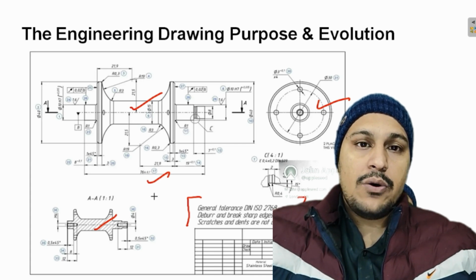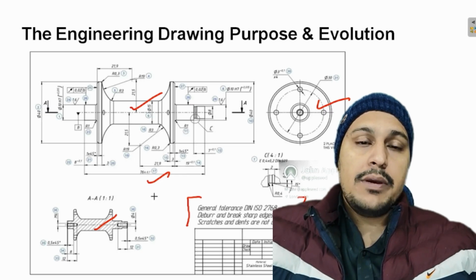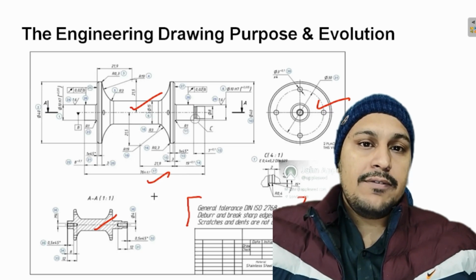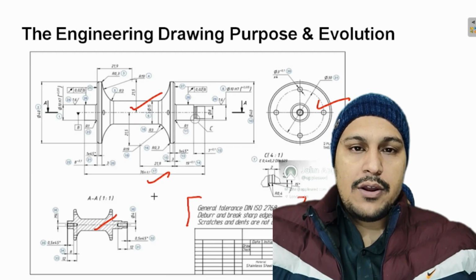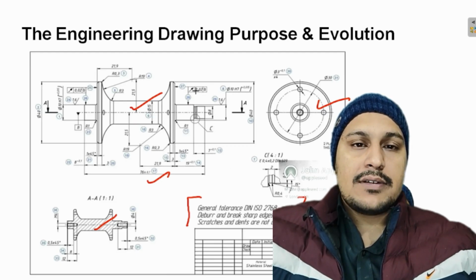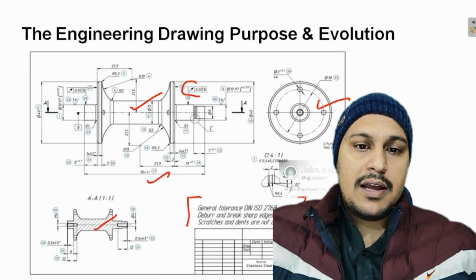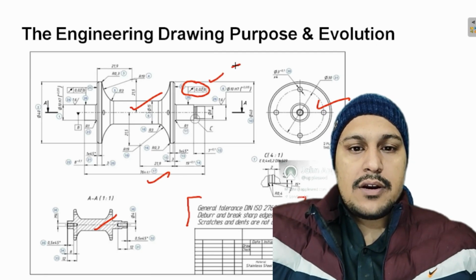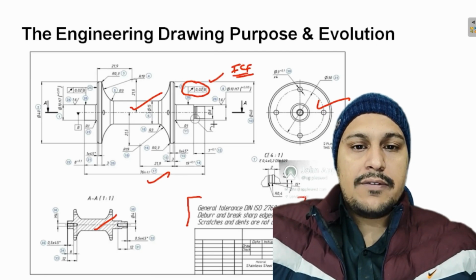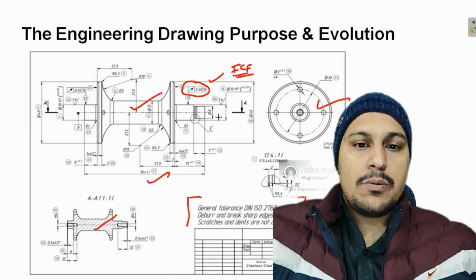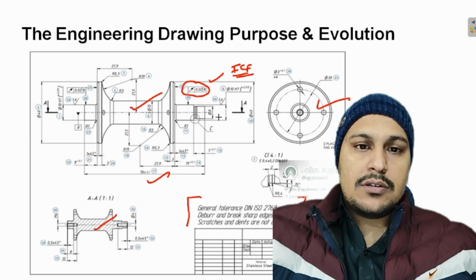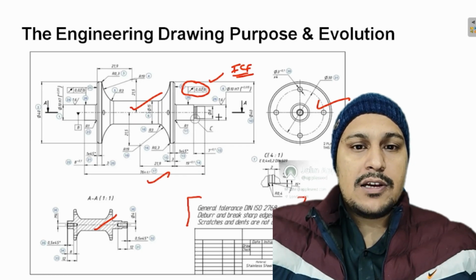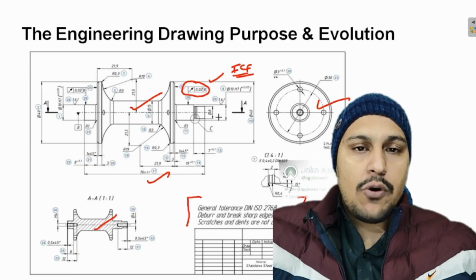The whole drawing should be unambiguous. So it is a very, very technical document, right? The fourth thing I have discussed is the standardized symbols. Here we have the runout, and the feature control frame, FCF. So these are the standardized symbols. Basically, the description of the drawing is mainly associated with these four pillars.